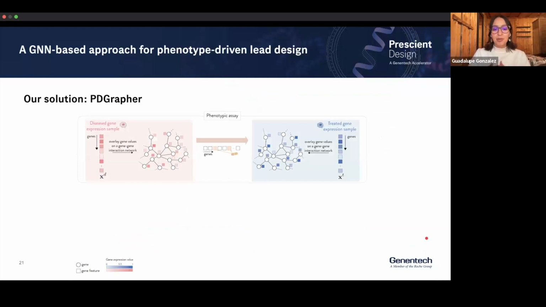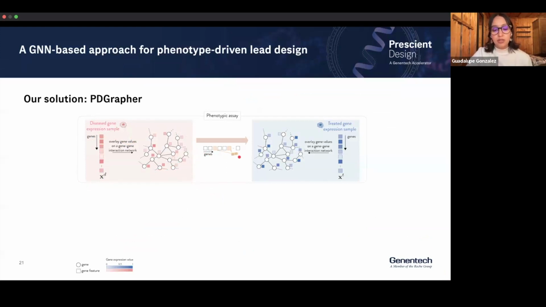Okay, so I think the following slides are way less dense, so I should move through them faster. So this is what our model looks like. We have our disease gene expression sample here. You can see this is one value per gene, and we overlay them over this proxy causal graph.